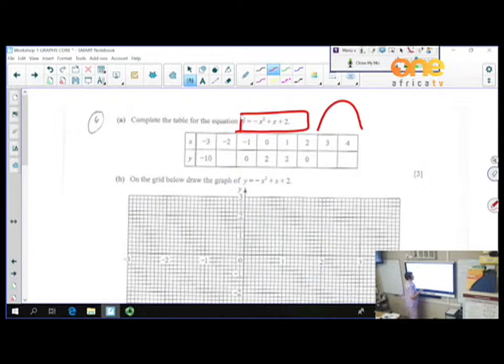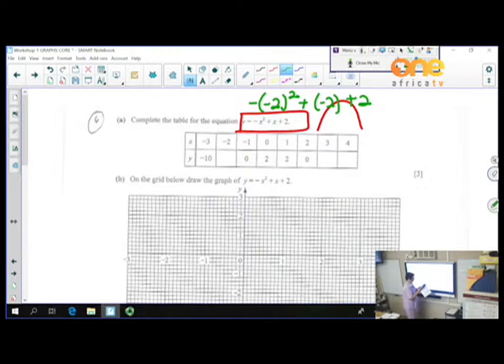We substitute. So if we substitute in here, now remember it's negative. And then negative 2 squared, look there, where's the brackets? The square outside, plus negative 2 plus 2. So again, let's take our calculators and press them.